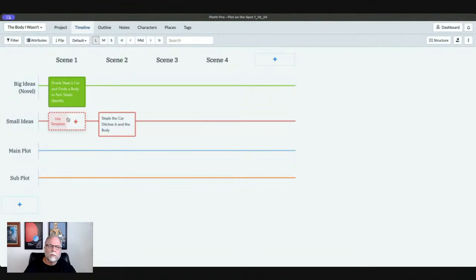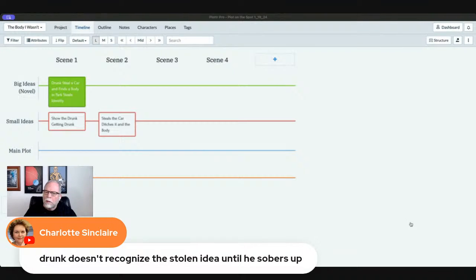So first, we could almost have the ordinary world and show the drunk getting drunk. So that could be part of the story as well. We could show what his ordinary world looks like, right? We could kind of do that. Okay, the drunk doesn't recognize the stolen ID until he sobers up.